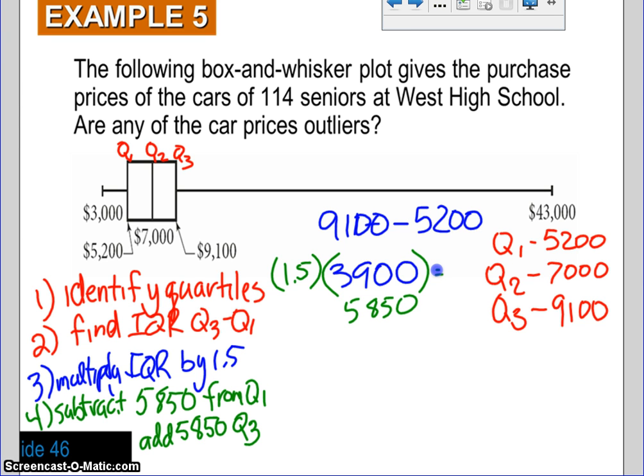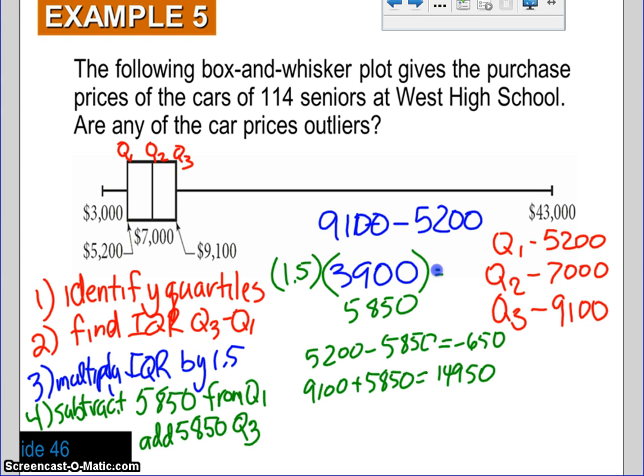So 5,200 minus 5850 actually gives me a negative 650. 9,100 plus the 5850 gives me 14,950. So how this relates is now anything lower than negative 650 or higher than 14,950 is what we would call an outlier.